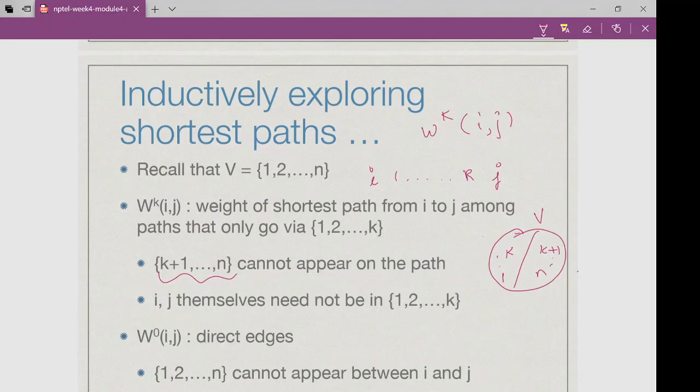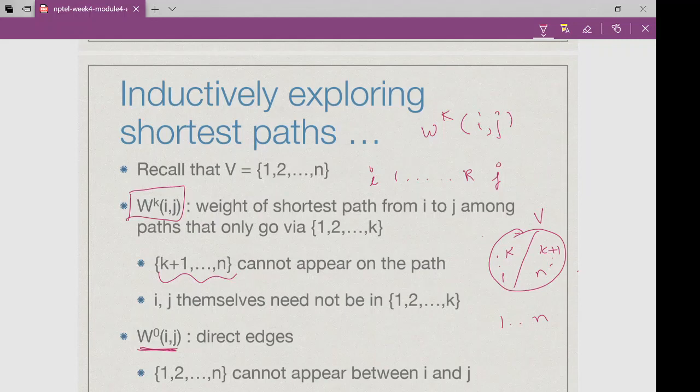At any point of time in W_k(i,j), we have restrictions on the vertices that may appear in between i and j. Gradually we will increase this set one by one, and go from 1 to n. Initially we consider W_0(i,j), where the value of k is 0.